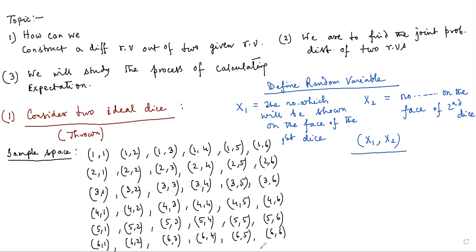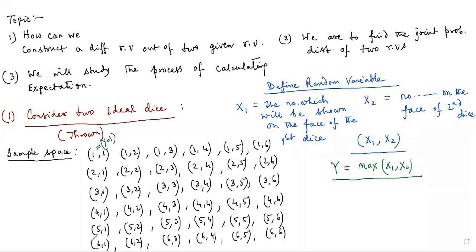So I have taken the pain of writing all the 36 outcomes, and now I'm going to define a new random variable in the following manner. My new random variable will be y, which will count the max of these two values, x1 and x2. If I try to apply this random variable to the given set of outcomes, then for this point 1 1, the max value will be y equal to 1.